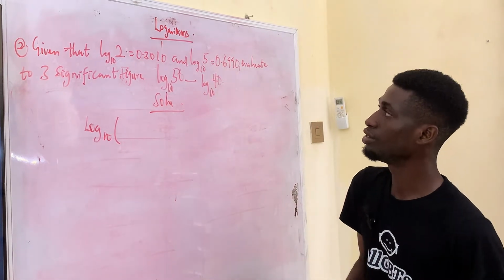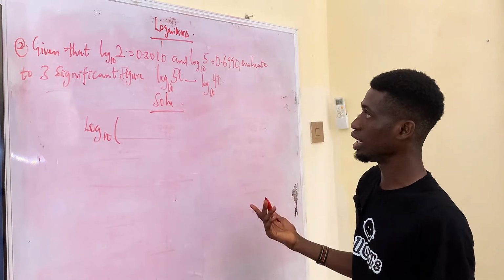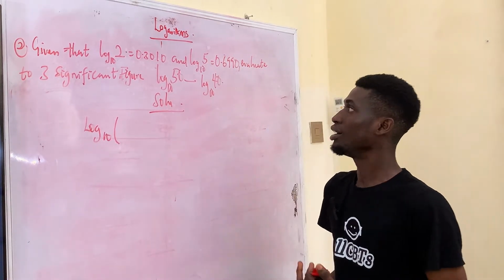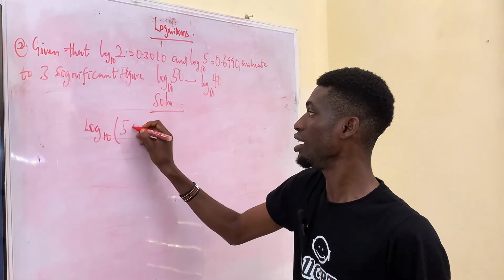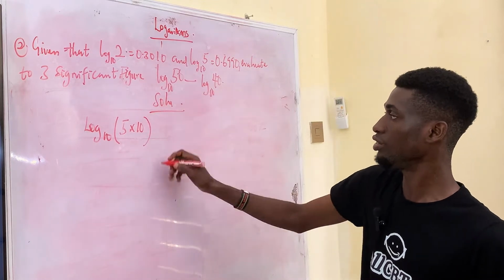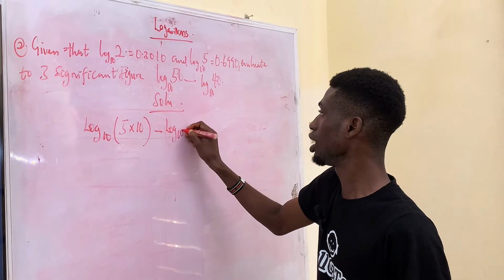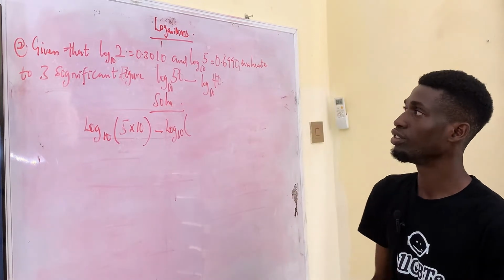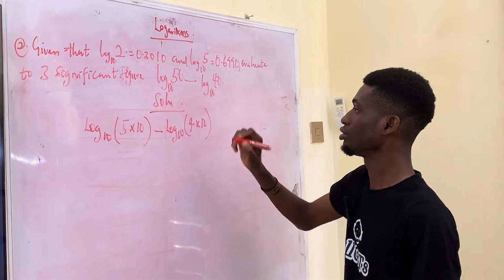We have 25 times 2 can give us 50, but let's make use of 5 times 10. 5 times 10 is going to give us 50, and minus log 10, what will give us 40? We have 4 times 10.